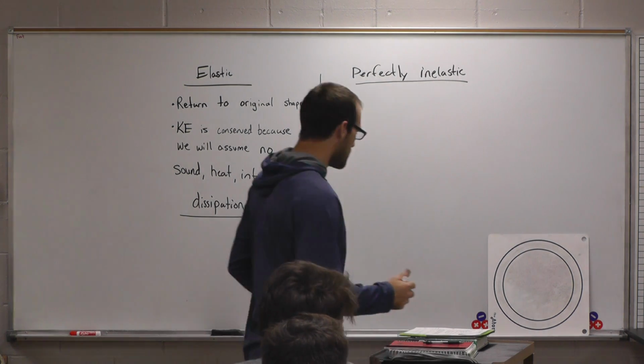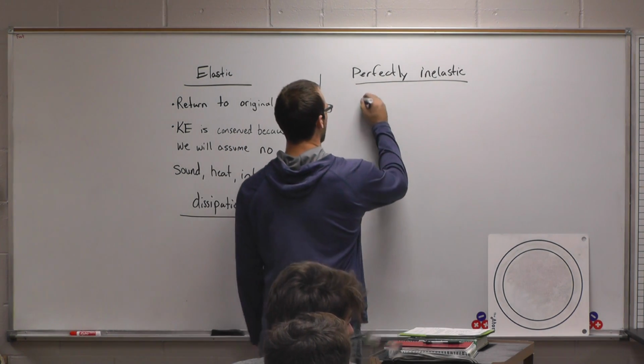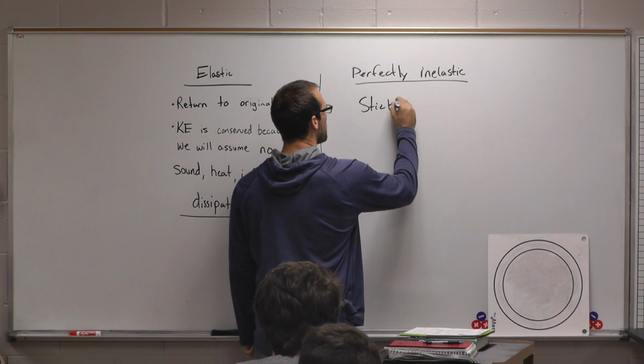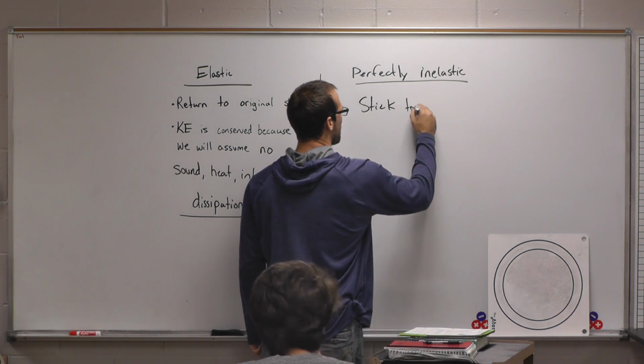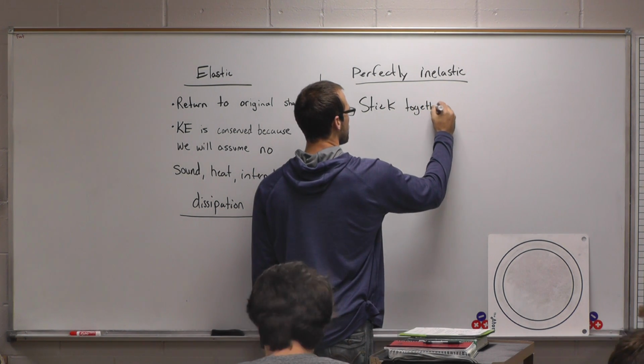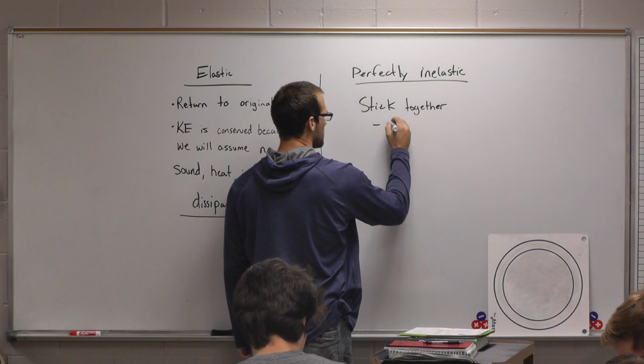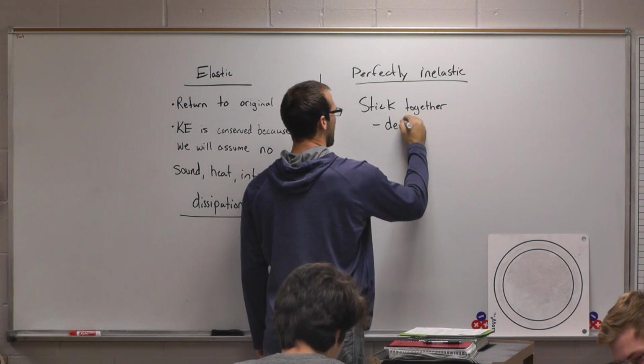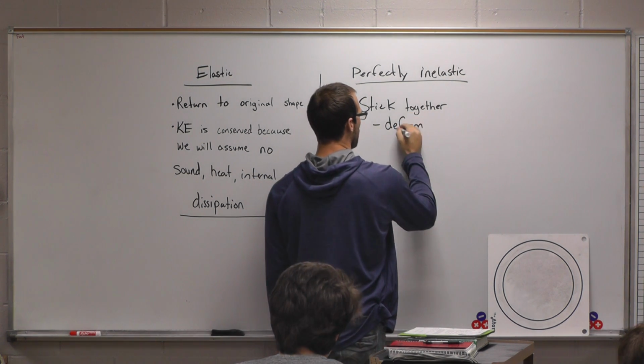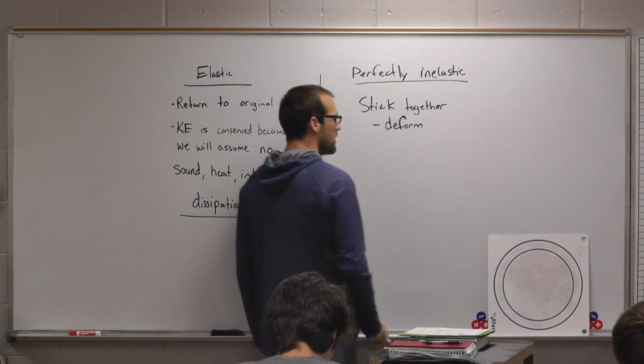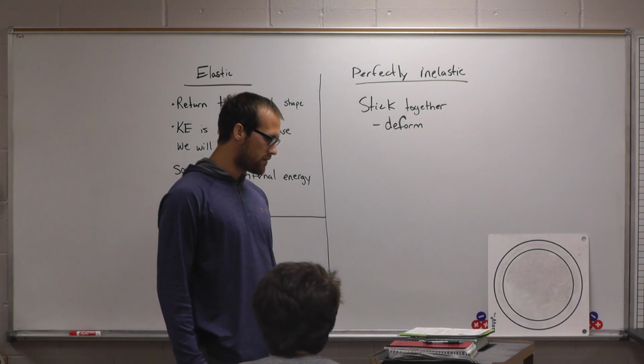So in this case, we could say they stick together, and in order for them to stick together, they have to what? Probably a really broad question. They have to be deformed.